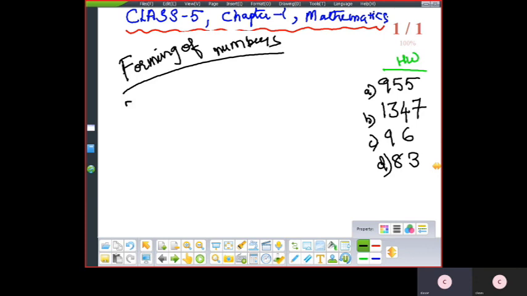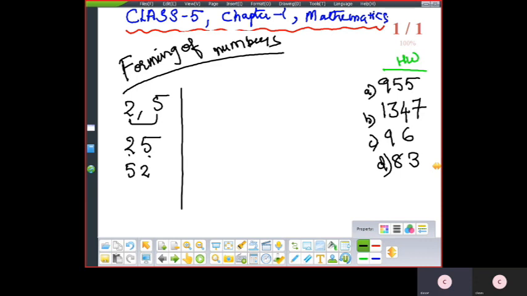Let us take some numbers, 2 and 5. So these are the two numbers. Form all the 2-digit numbers using 2 and 5. So what do all the 2-digit numbers mean? It should have 2 places. So what will I make? 25, 52. Only 2 numbers I'll get if I go on with the 2-digit numbers.